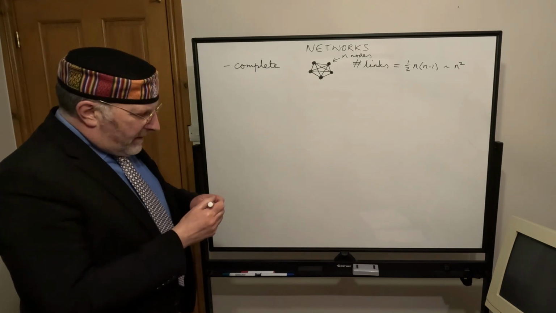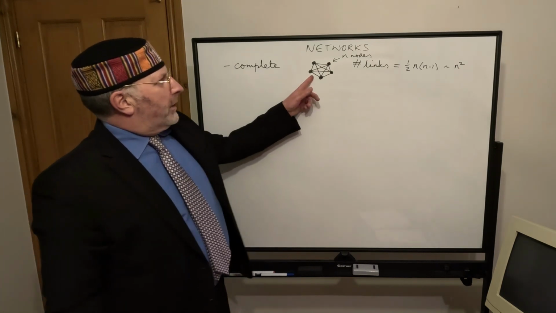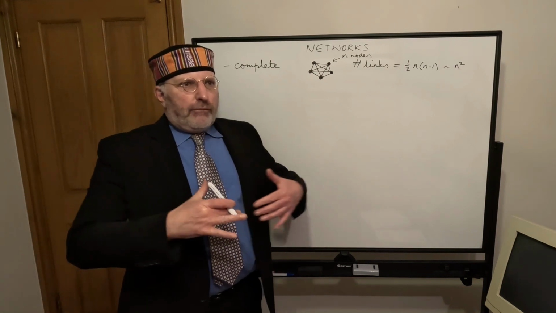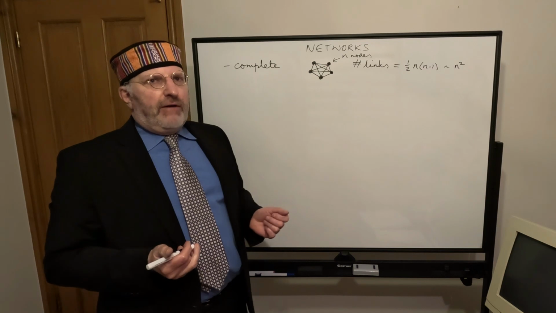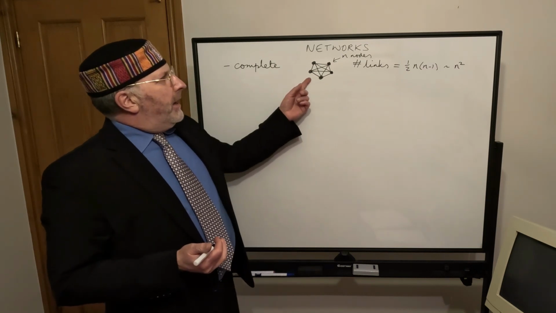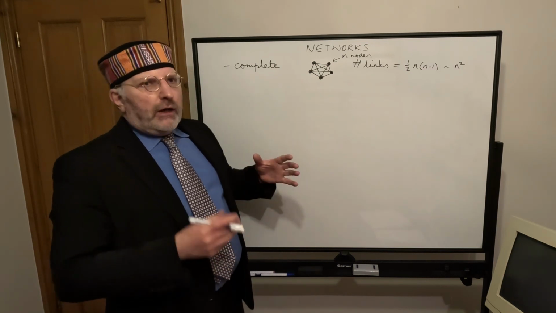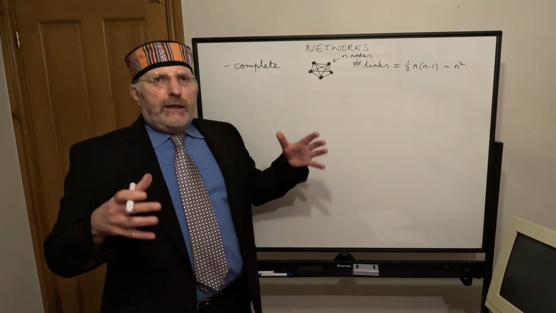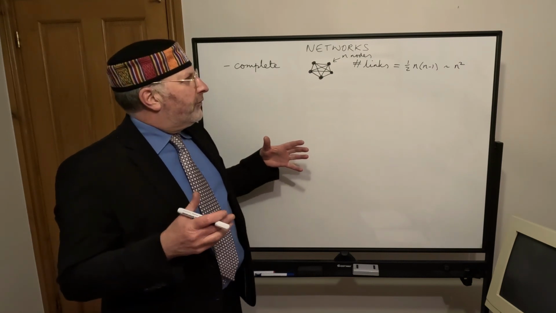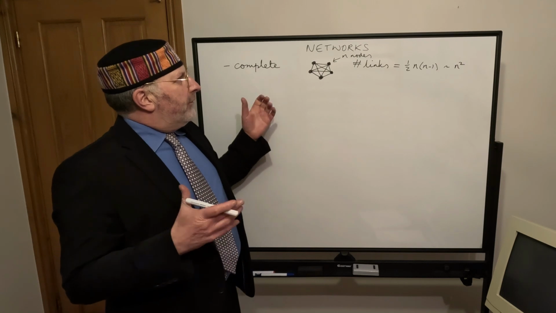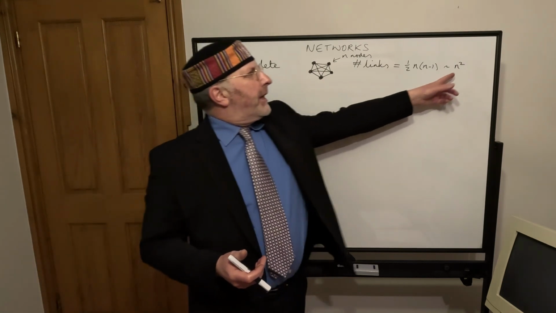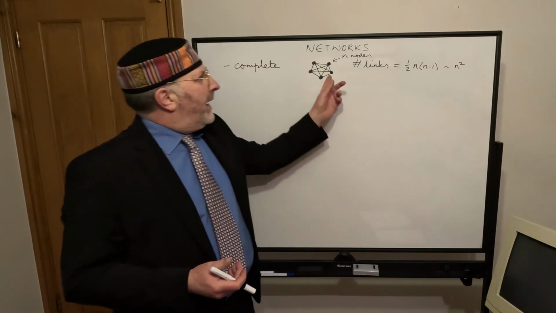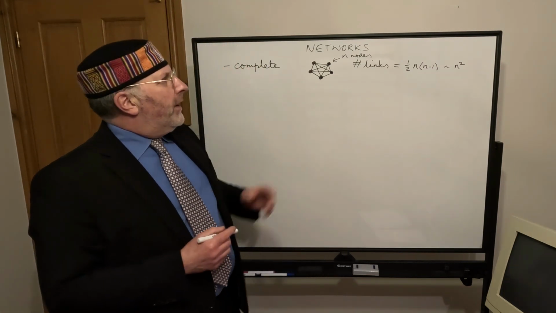And if this is an economic network, each link represents an economic exchange, so it's something that gives economic value. So what this is suggesting is that as an economic network grows in size, its economic value that it's producing is going up as n squared, where n is the number of nodes.